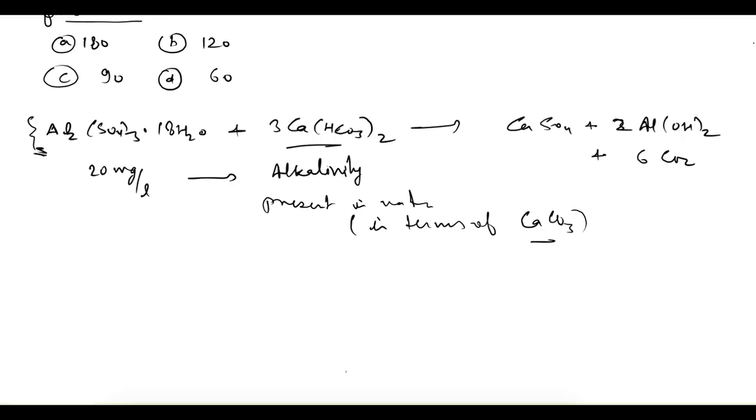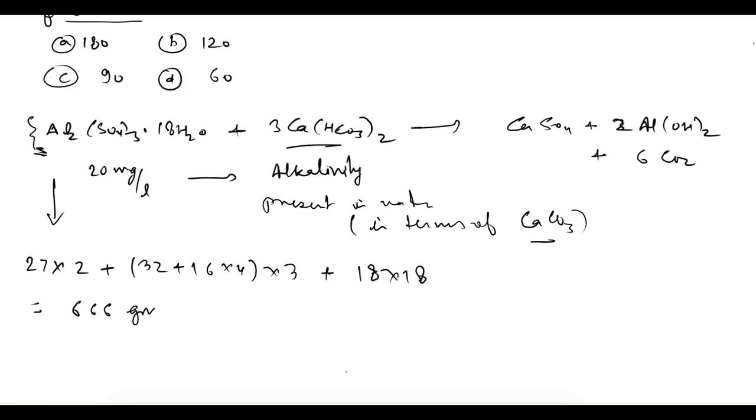First let's see the molecular weights of calcium bicarbonate and alum, which is the sum of atomic weights. For alum it is 27 into 2, plus 32 into 3, plus 16 into 4 into 3, plus for H2O it would be 18 into 18, that is equal to 666 grams. That is, 1 mole of alum is 666 grams.